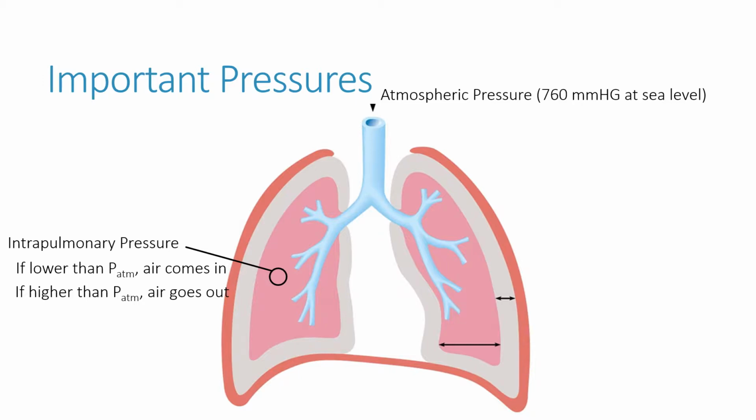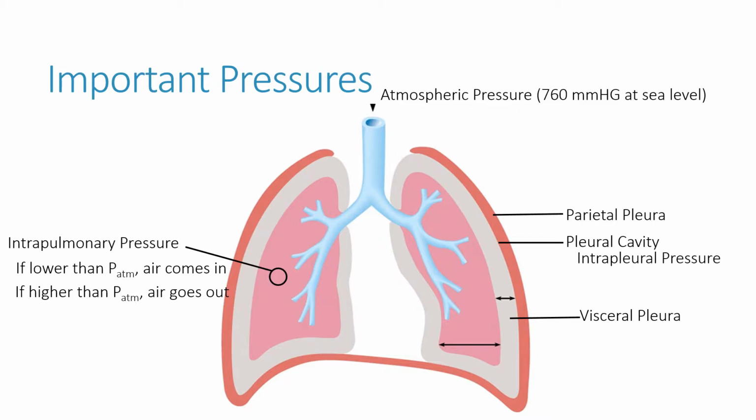You may also recall from our discussions in human anatomy that the lungs are surrounded by a couple of different membranes called pleura. There's a visceral pleura that sits directly against the surface of the lung itself, and a parietal pleura that sits more out against the body wall, like against the muscles and the bones. Between these two membranes, there's a small space or gap called the pleural cavity. This pleural cavity also has its own pressure that's called the intrapleural pressure.